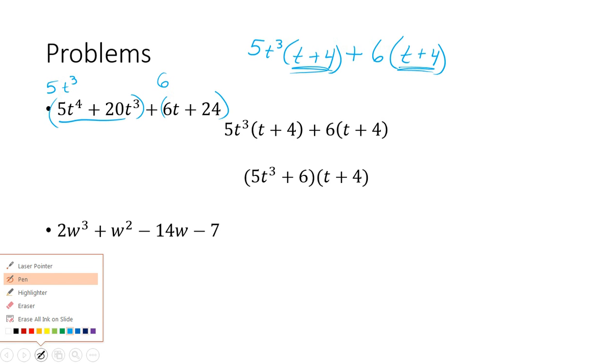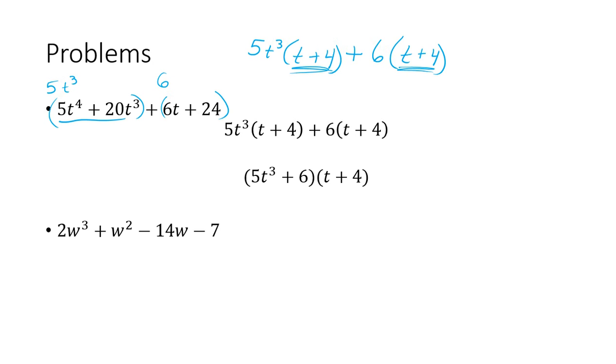Now, if you're ever confused or don't think it's right, go through and check it. If we distribute this through and we FOIL, we see we end up back at our original problem.